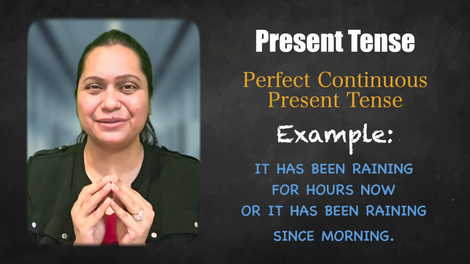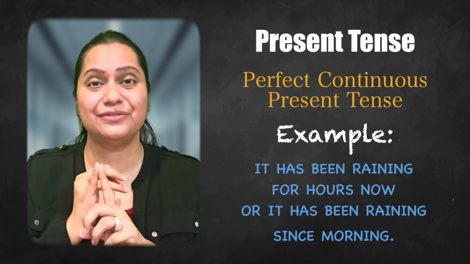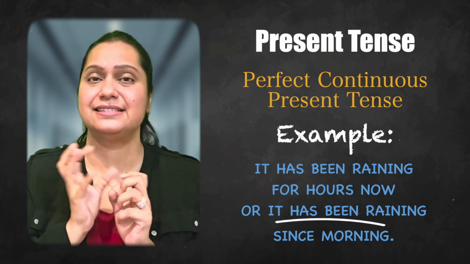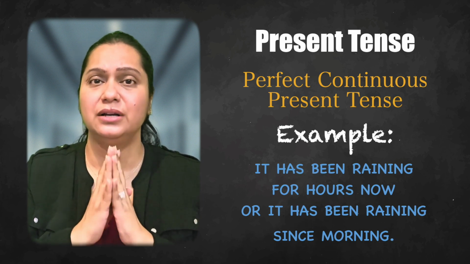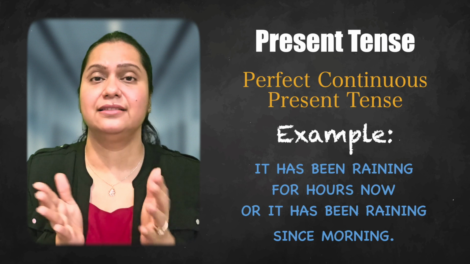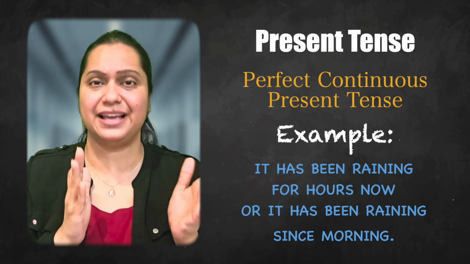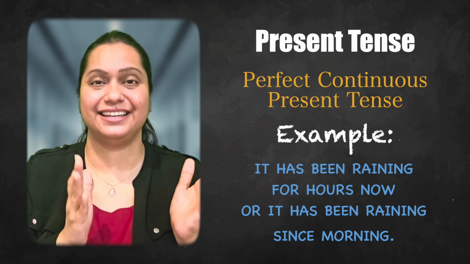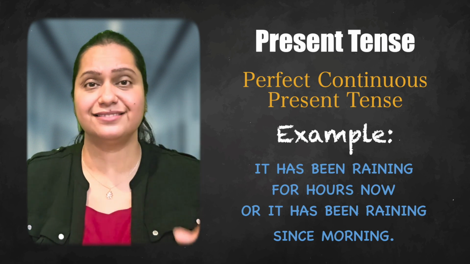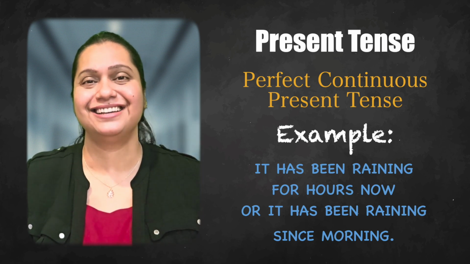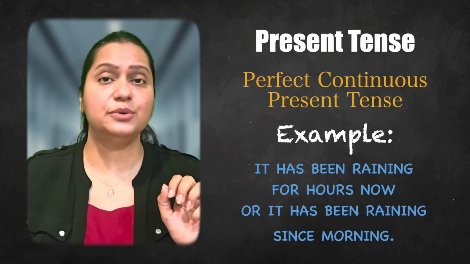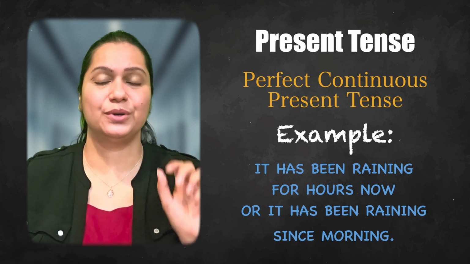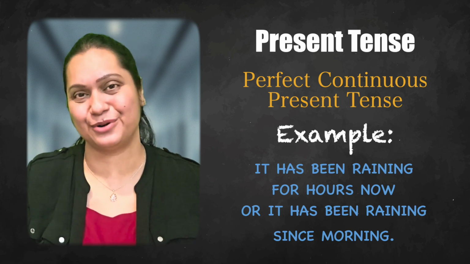Again, the interesting part is the addition of the time period reference, since morning or for hours, allowed you to explain to the listener that some part has already happened, which means it has been raining, which means that some part of the rain has already taken place, whereas it continues to rain even now. So it has been raining since morning.